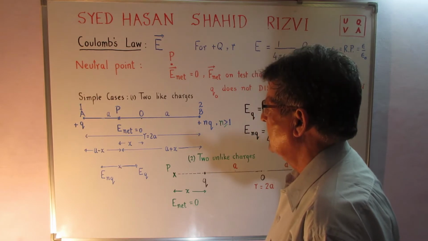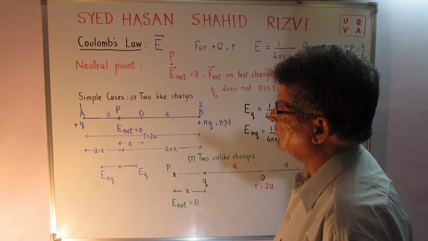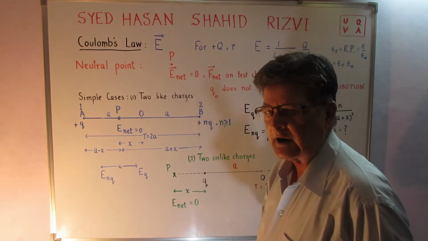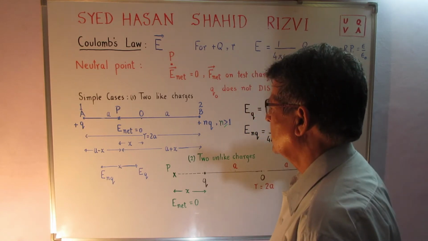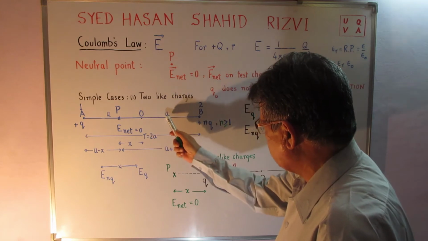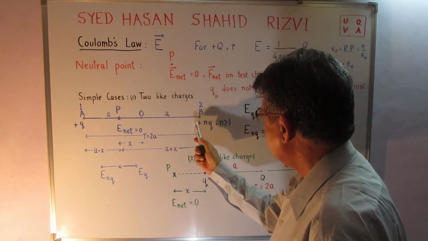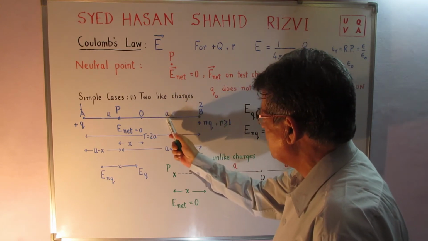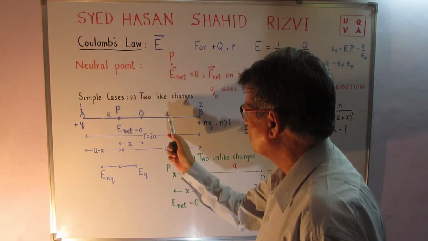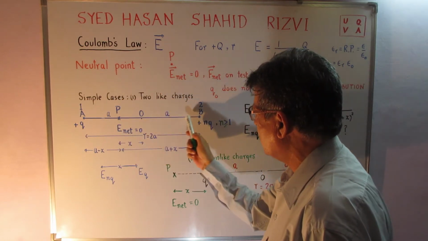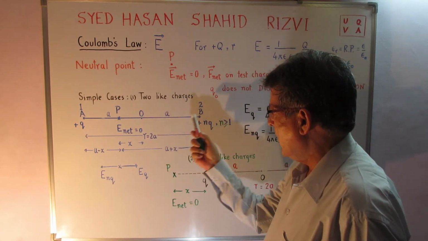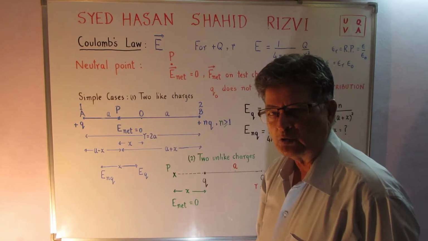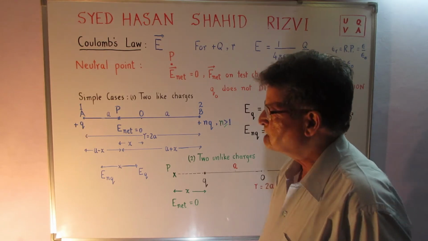So let's see which side I'll have to shift our point P in order to get the balance, in order to get the neutral point. If I shift it on this side, then this field will become much larger as compared to this field. And therefore on this line between O and B, there will not be a neutral point.